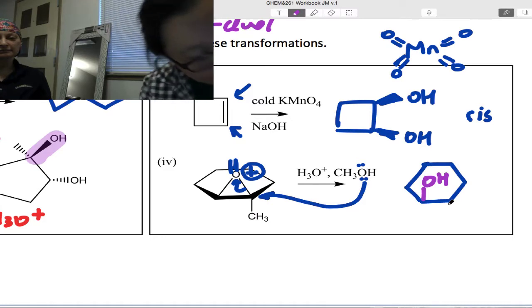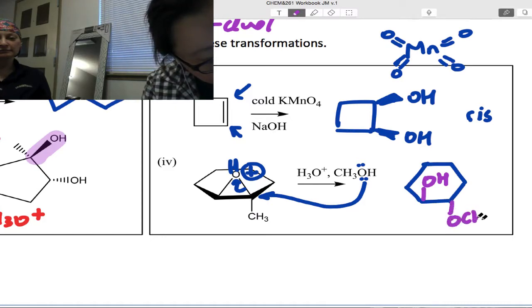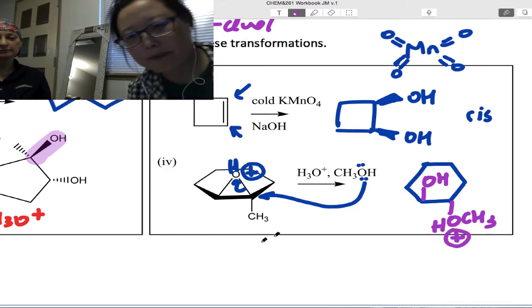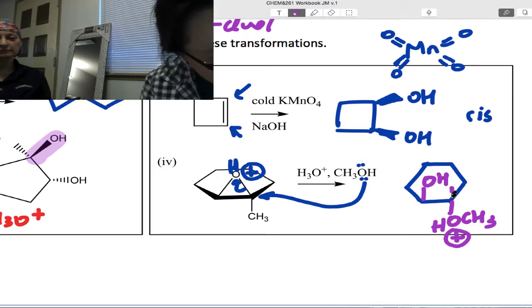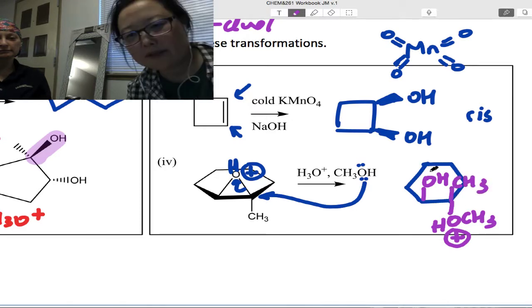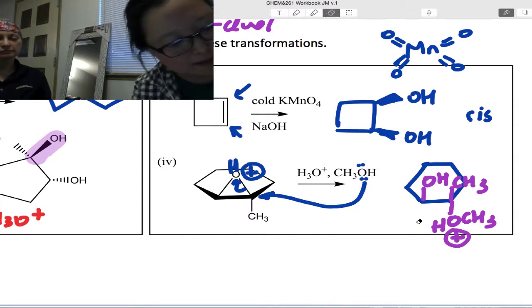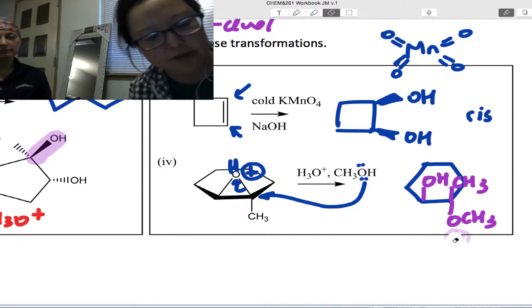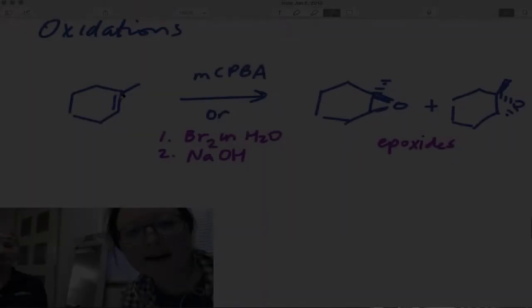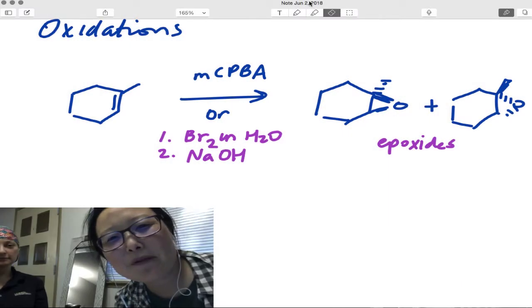So that methanol is going to be hanging down here. Now where does that put this methyl group? Turns out that the methyl gets pushed up to the top. So I'm going to have a methyl group up here. So I've got an OH group here, a methyl group here, and my protonated alcohol from the solvent right here. And then you guys know we have to neutralize that, right? So I'm just going to take another methanol and neutralize it. Here's my final product.